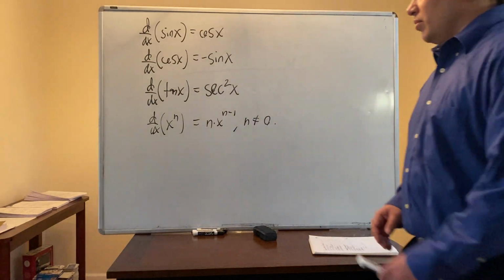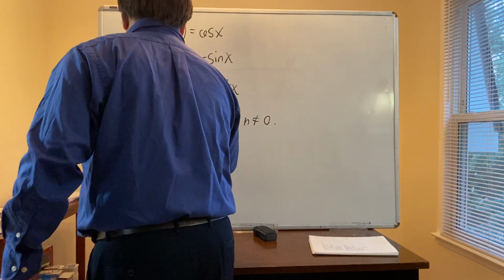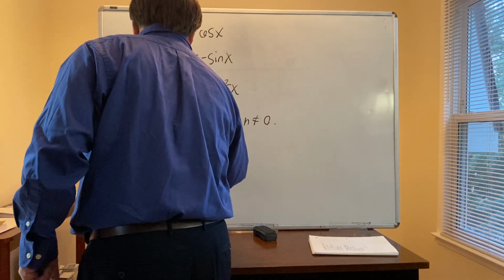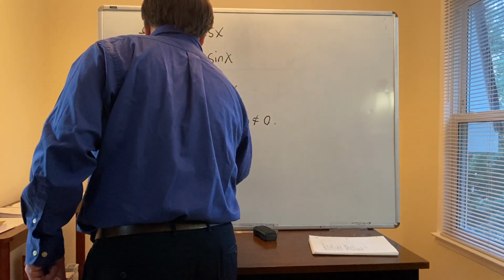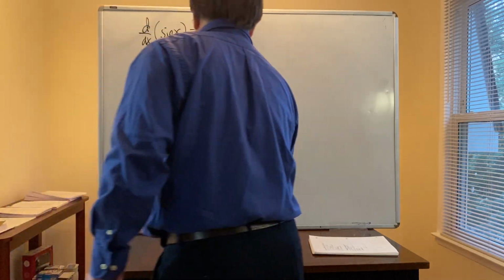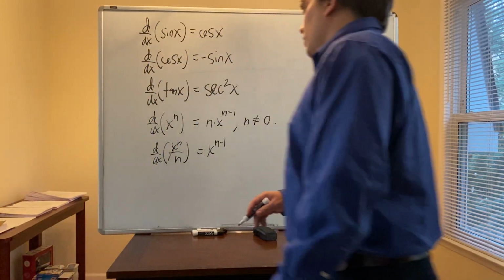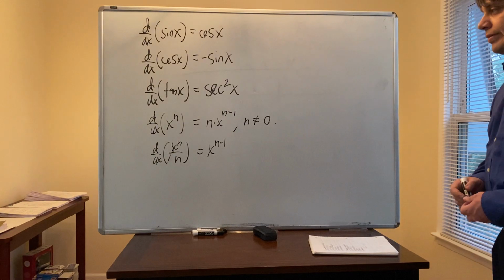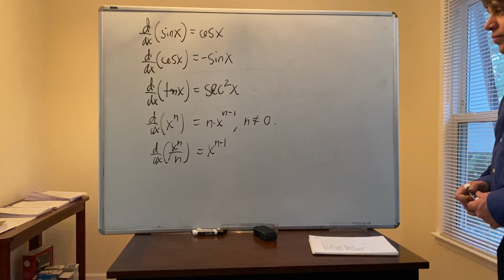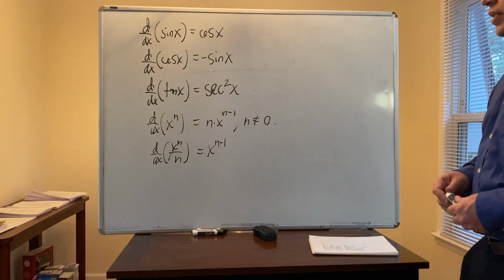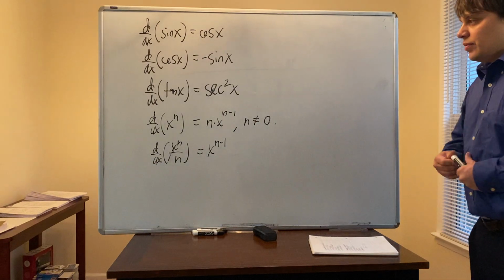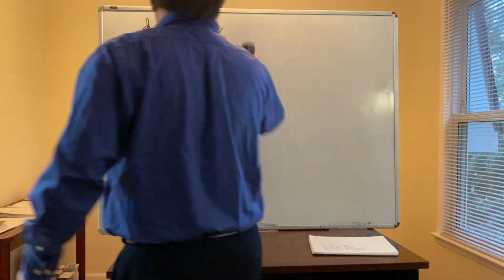Or you could think of it as d/dx of x to the n over n is equal to x to the n minus 1. All right. So just pointing out the derivatives a little bit.